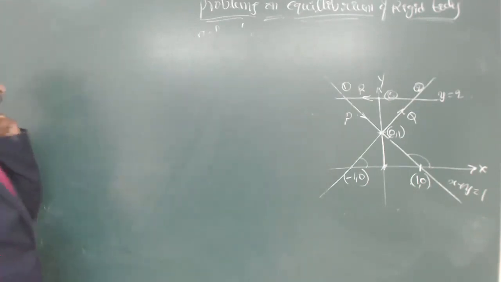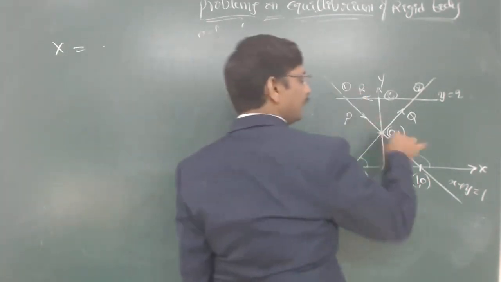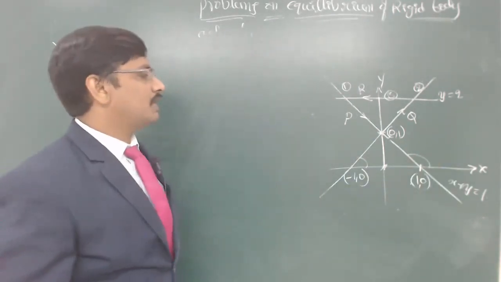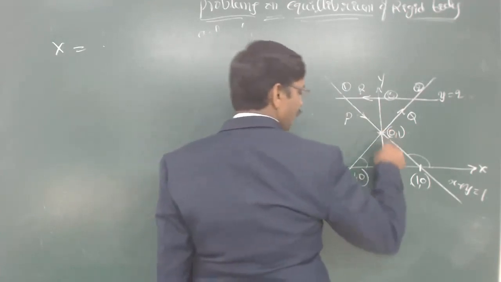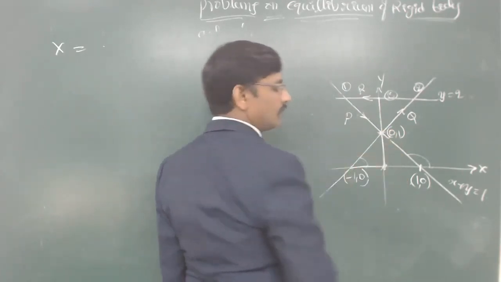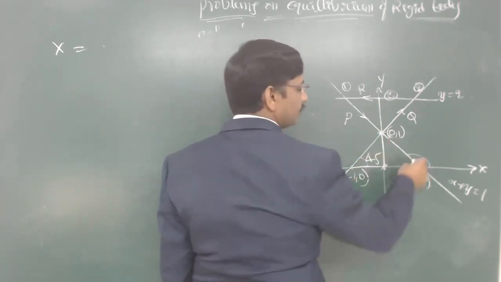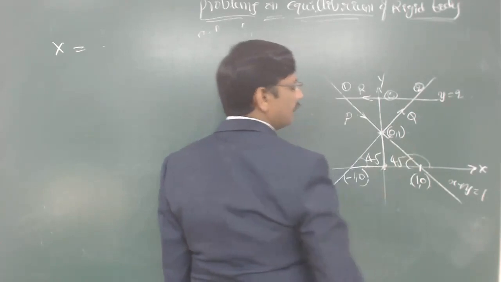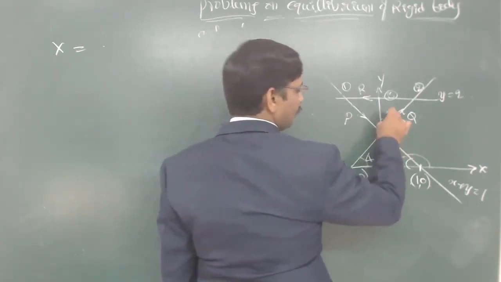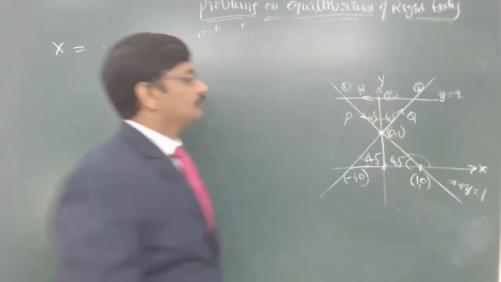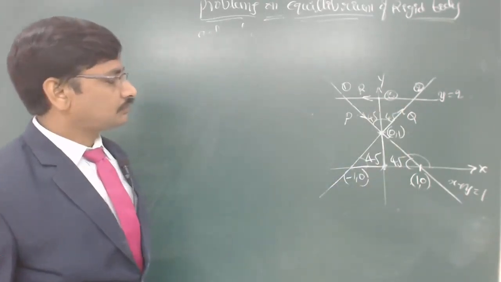So here we can find the force component along x-axis. This force is acting downwards, that means this is the positive x direction. If you notice, this height is 1 and this length is also 1, so height and length are equal, so this angle is 45 degrees and this is also 45 degrees.